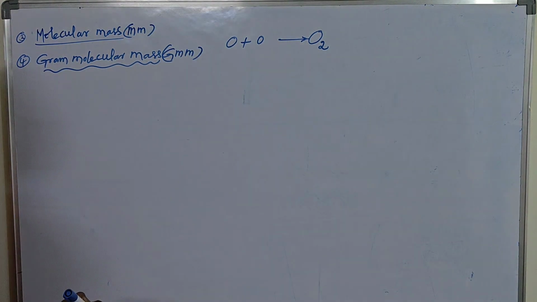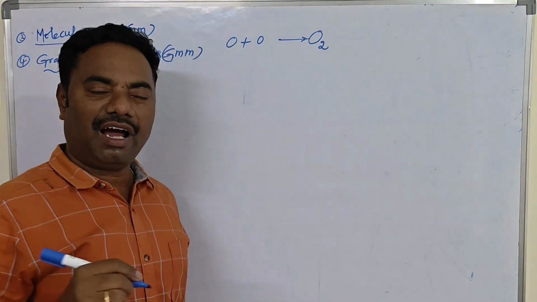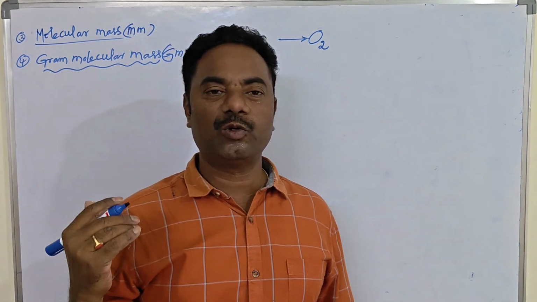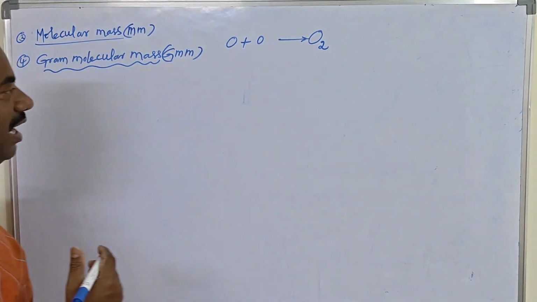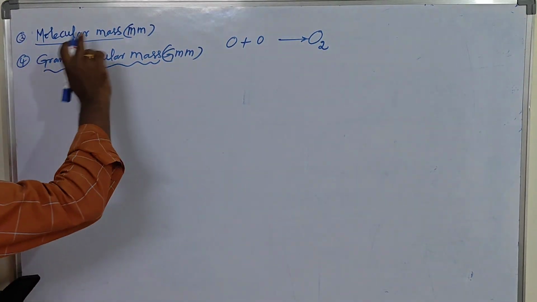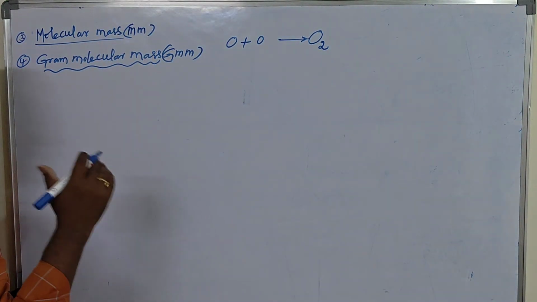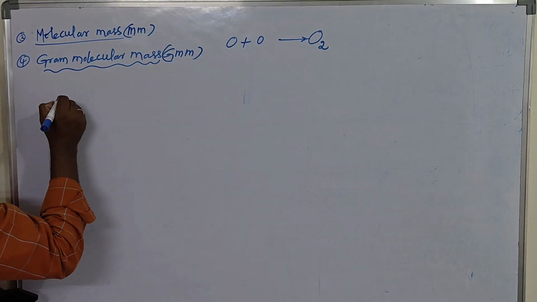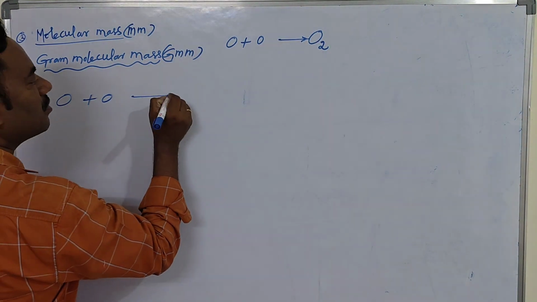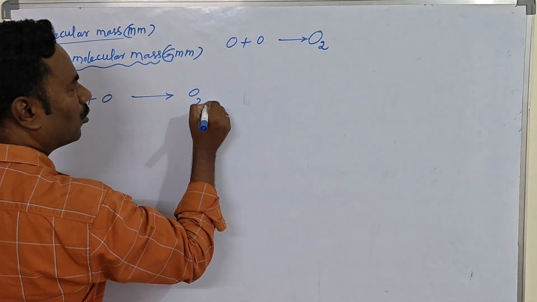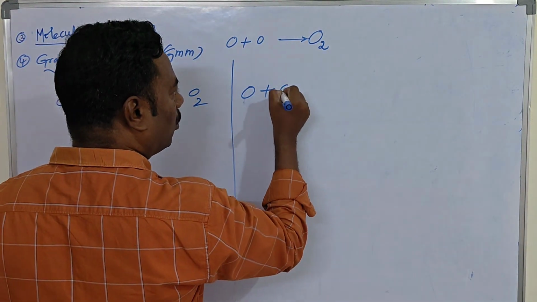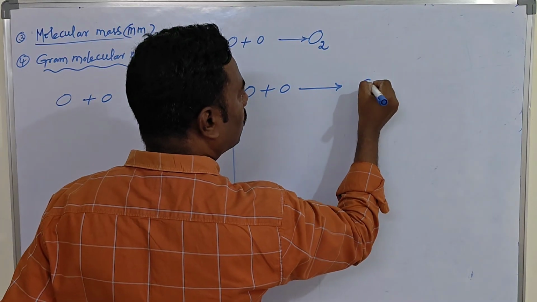Here our example is O2. How to get O2? By adding 2 oxygen atoms. To explain molecular mass and gram molecular mass, I want to take it like this: O plus O gives rise to O2.